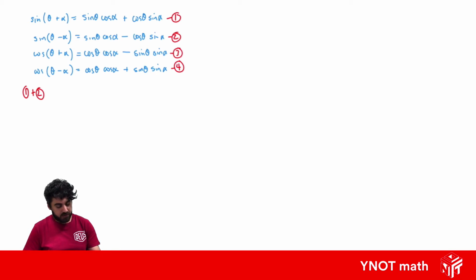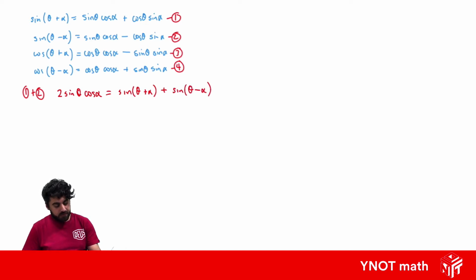And the right-hand side will give us 2 sine theta cos alpha equals, and the left-hand side will give us sine of theta plus alpha plus sine theta minus alpha.